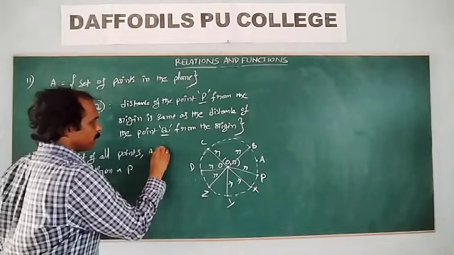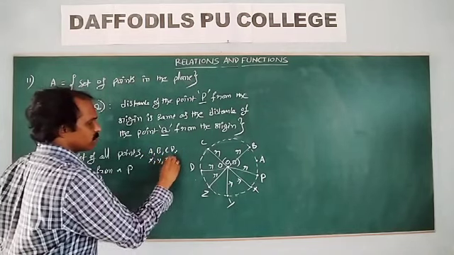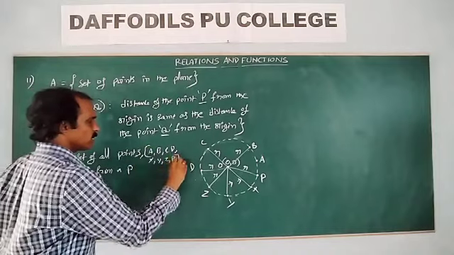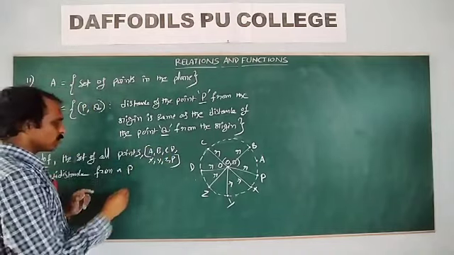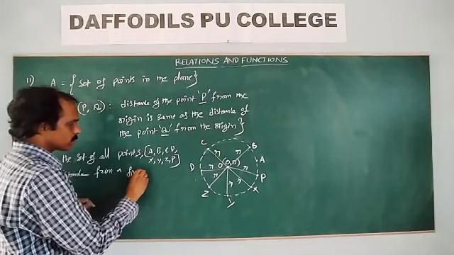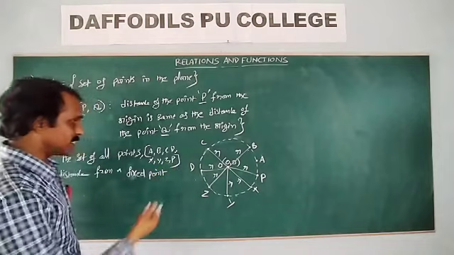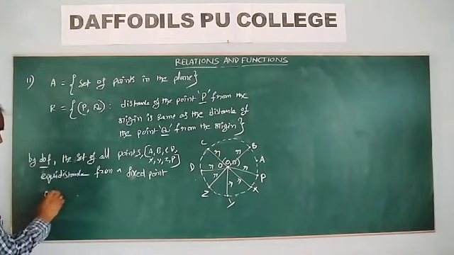Let it be A, B, C, D, X, Y, Z, P. So like that. Okay. Set of all points equidistant from a fixed point. Fixed point O means origin. Is the circle.